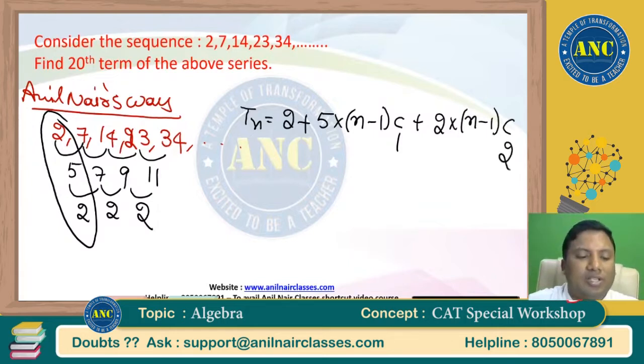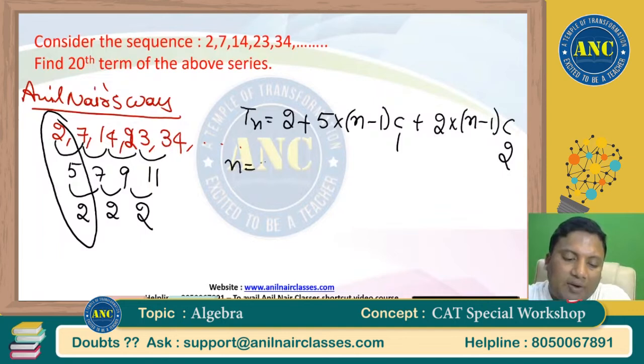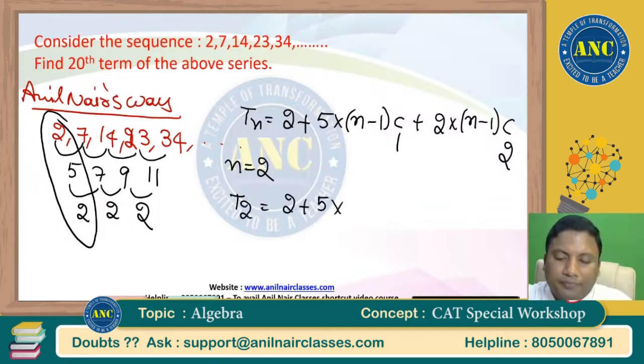Let us see whether we are getting the answer. If I take n equivalent to 2, T2 is nothing but 2 plus 5 into, so what it will be, 2 minus 1, 1 C1, okay.